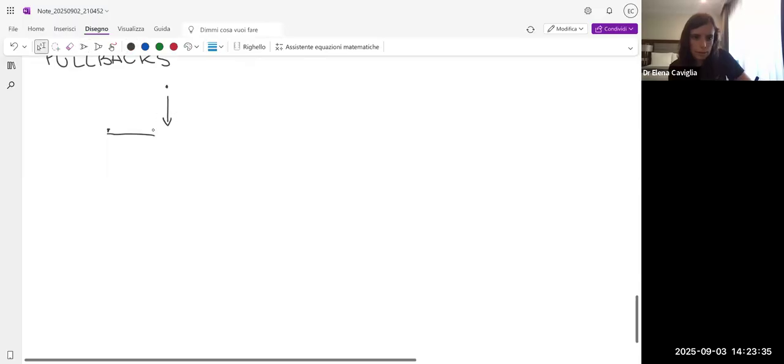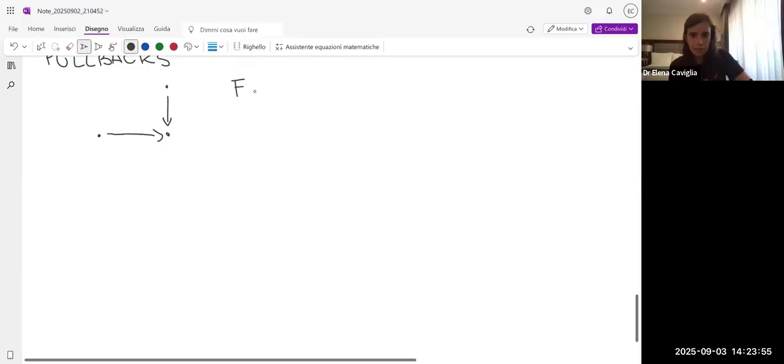So we have two arrows both pointing to the same point, like this.